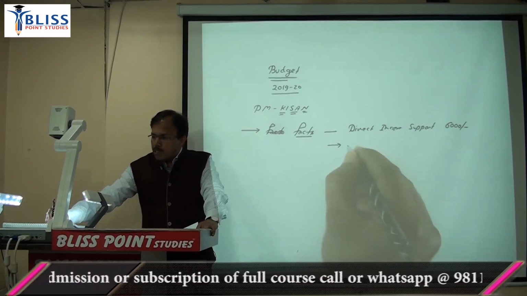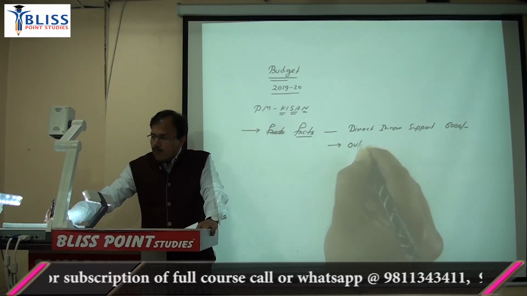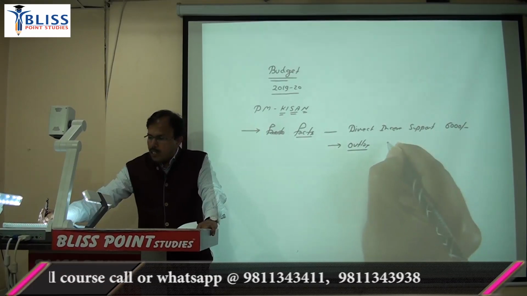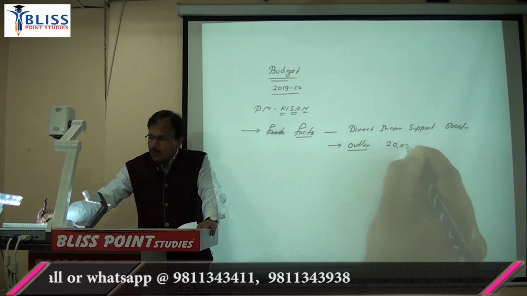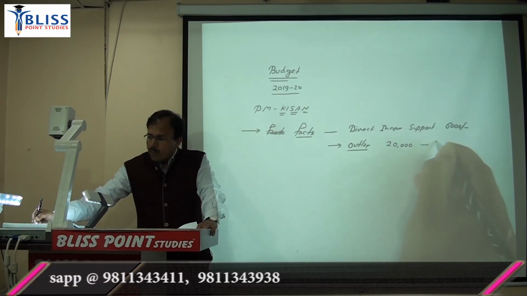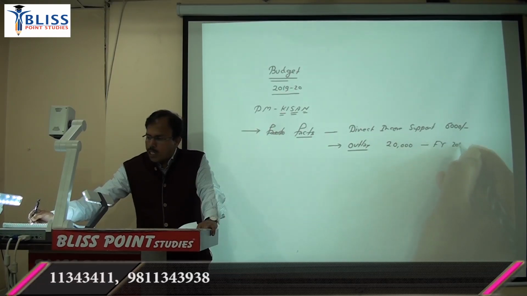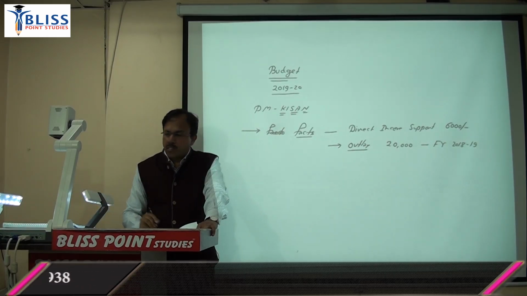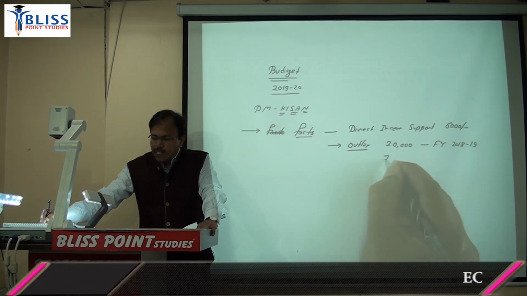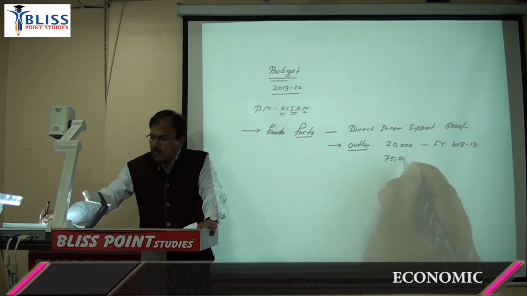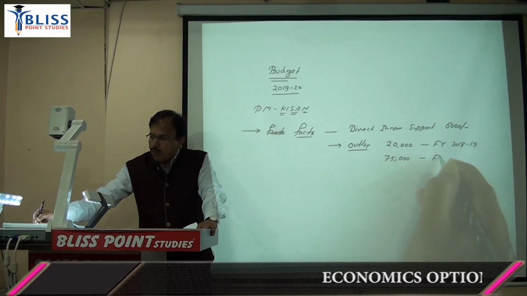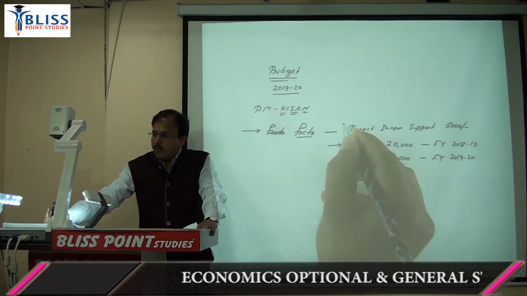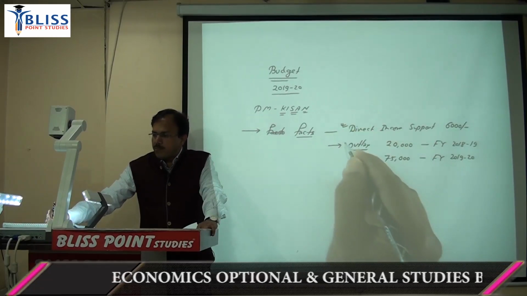For that purpose, there is an outlay of 20,000 crore for the financial year 2018-19, because the first installment you have to pay before 31st March, and 75,000 crore for the financial year 2019-20. So one fact is this.